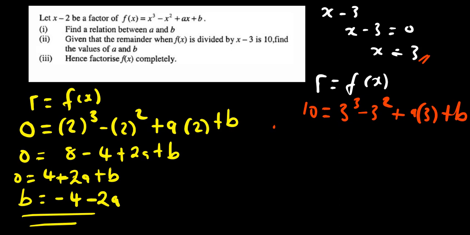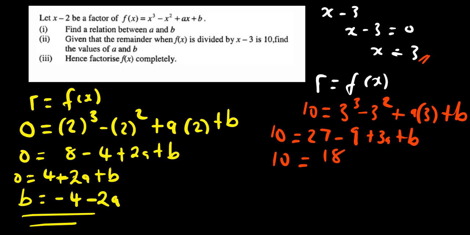So 10 is equal to 3 to the power 3, that is 27, minus 3 squared, that is 9, plus 3a plus b. Now what are we going to have? 10 is equal to 27 minus 9, that is 18, plus 3a plus b.